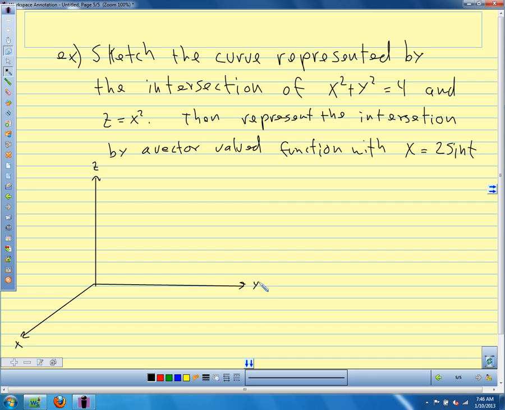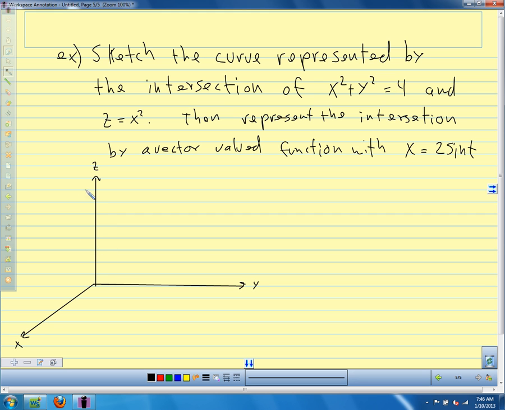So what kind of surface is x squared plus y squared equals 4? Okay, a circle in the xy plane. So in 3 dimensions, it's going to be a cylinder. And what's going to be our axis? The z-axis. So we have a right circular cylinder about the z-axis, and our radius is going to be 2.